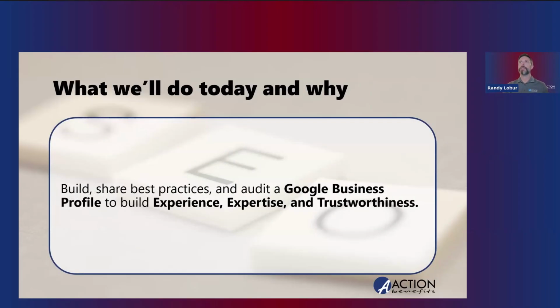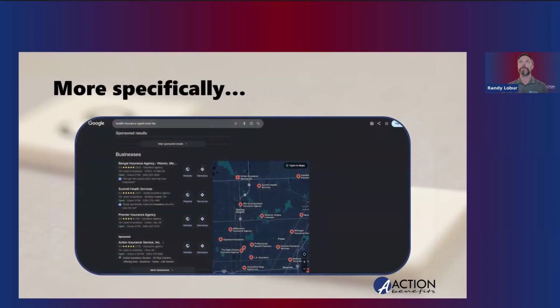That said, what are we going to do specifically today and why are we going to do it? We are going to help build, share best practices, and audit a few Google business profiles to help you build experience, expertise, and trustworthiness. And for a real visual example, what we're trying to do is, when a consumer searches "health insurance agent near me," I want you to show up here, right near the top with your 5-star reviews and your 15 years in business and so on and so forth, because those are the first few people consumers are going to call.